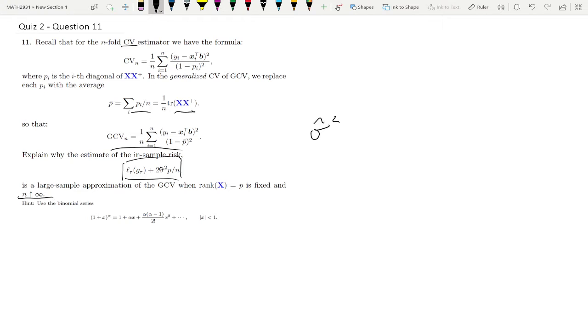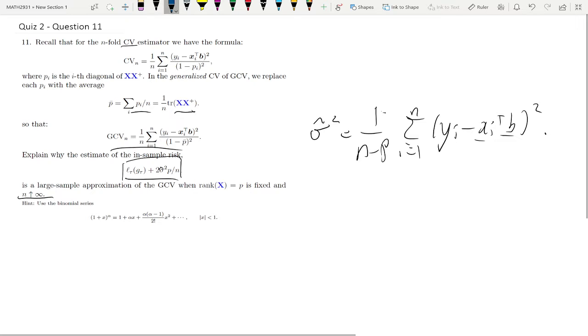So sigma hat squared equals 1 over n minus p, sum i from 1 to n, (yi minus xi transpose b) squared, right? Because it's the average of the residual errors, and the number of terms influences the degrees of freedom.